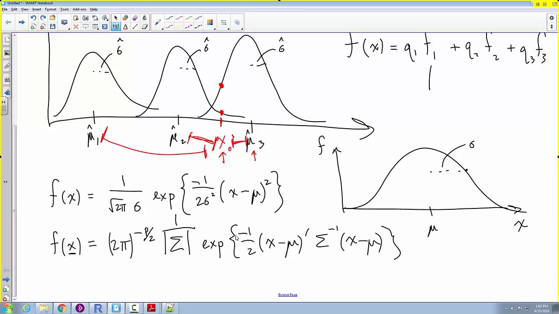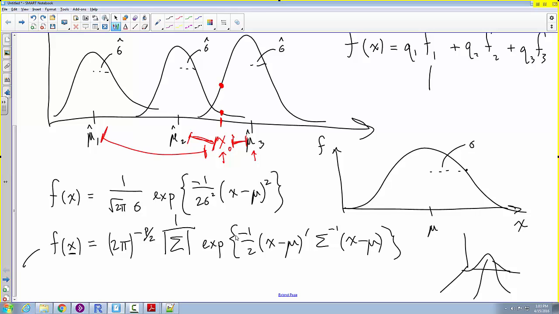Not expecting you to be able to reproduce that on the exam or anything. I'm just saying there is a multivariate version of the normal distribution. In 2 dimensions, it turns that bell-shaped curve into a bell-shaped surface. In 3 dimensions, you can't see it anymore, but it still translates.